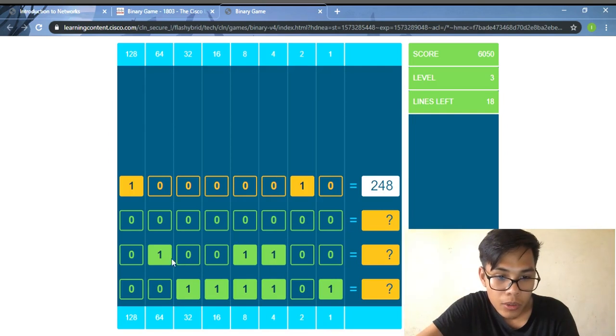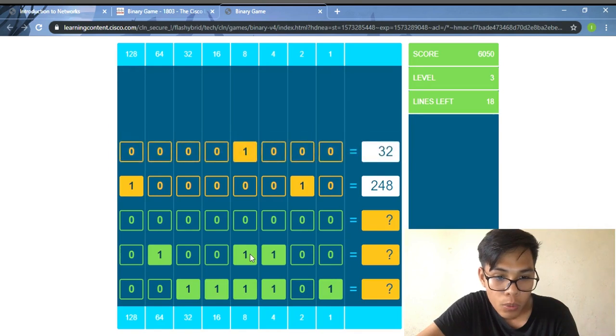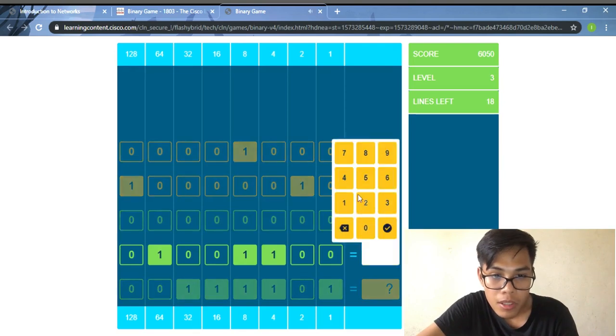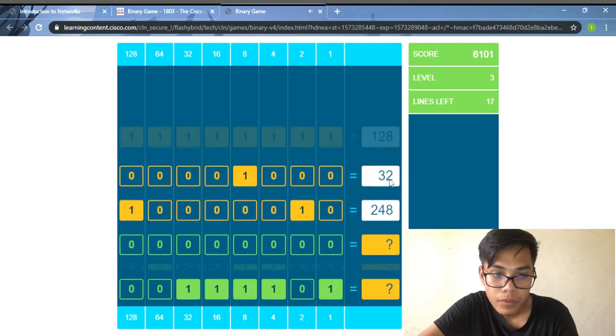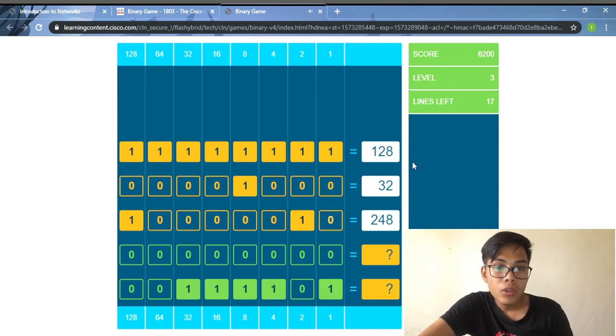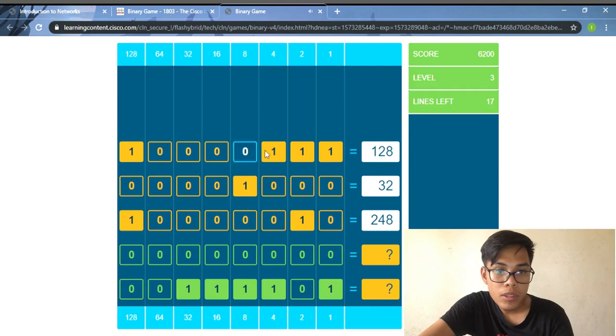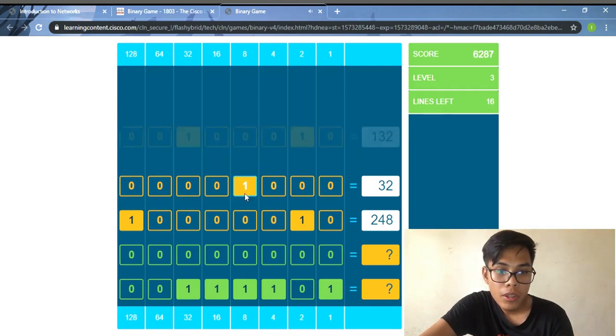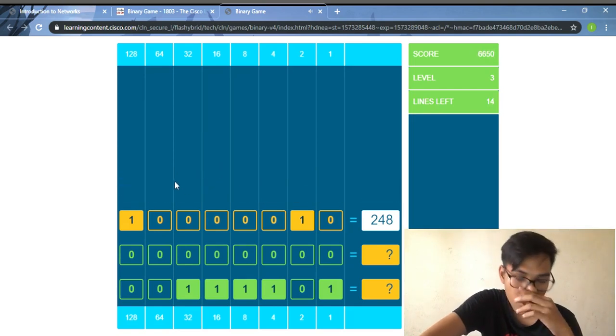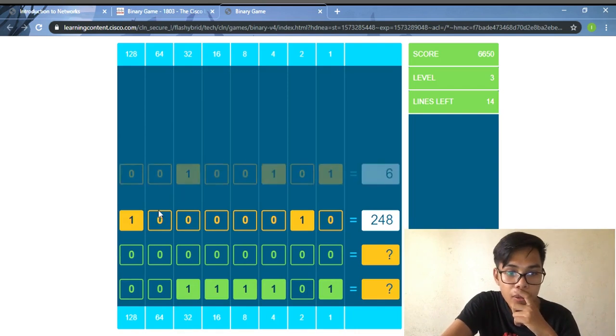Let's answer that later. 64 plus 8 is 72 plus 4 is 76, I think. This is 250. If we need 128, just put this, eliminate this. So 32 is this, 132 is here. We need 4 more, so there. And 248.